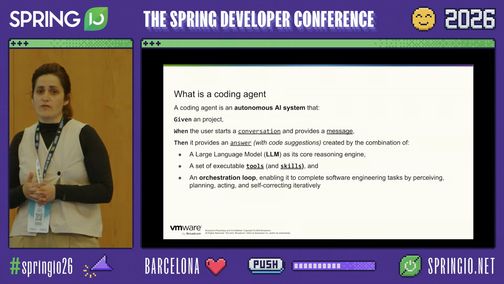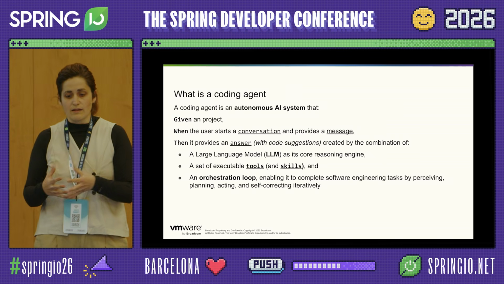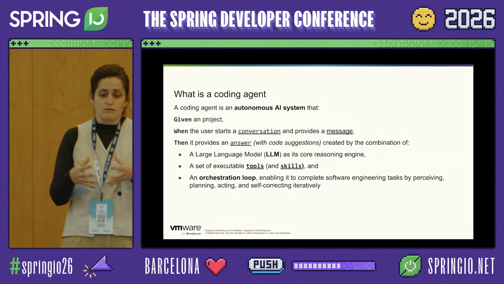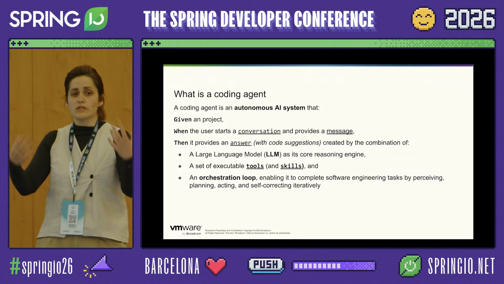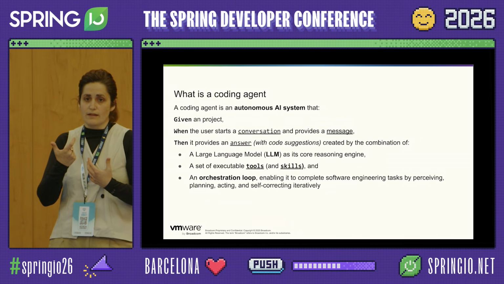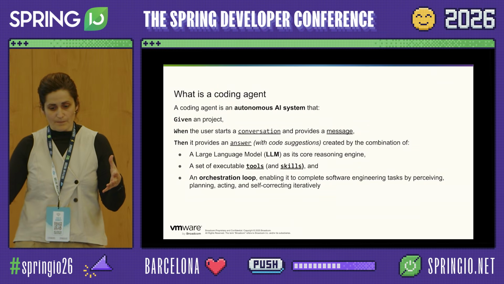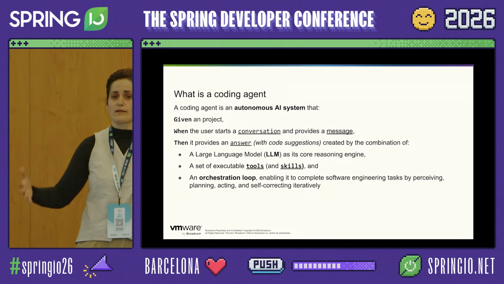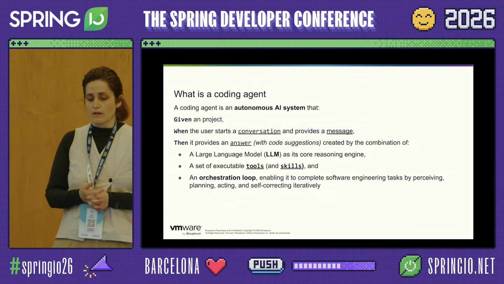Just a brief description of a coding agent. So formally, we can say that this is an autonomous AI system that, given a project, when the user starts a conversation, it's important to remark the term conversation here, because it's giving the limit of what can be talked or integrated as part of the changes.